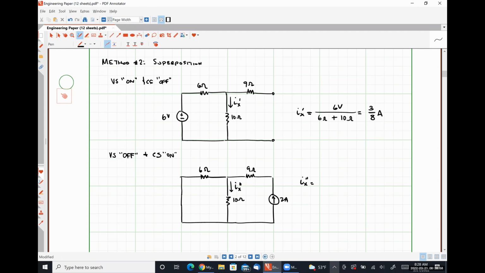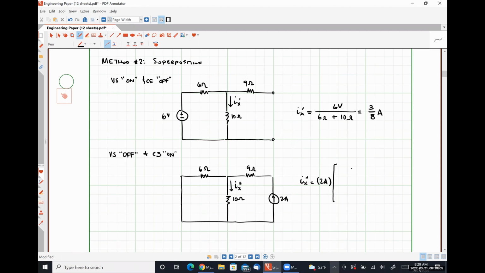So Ix double prime would be 2 amps times 1 over 10 ohms divided by 1 over 10 ohms plus 1 over 6 ohms. So let's see, that's going to be 3/30 over 3/30 plus 5/30. So that's going to be 3 over 8 times 2 is 6 over 8 amps. By all means, throw that in a calculator if you don't want to do the math in your head like I do.